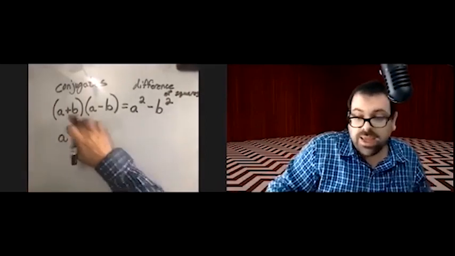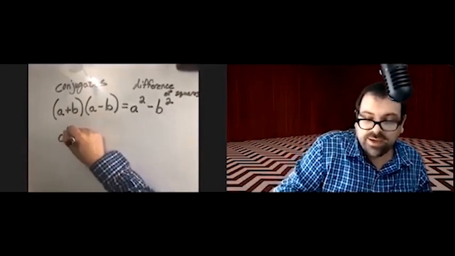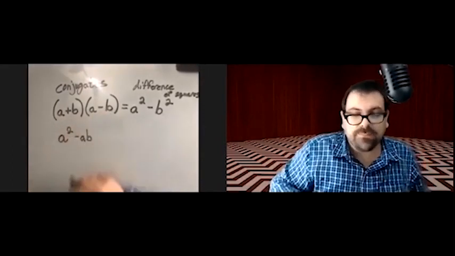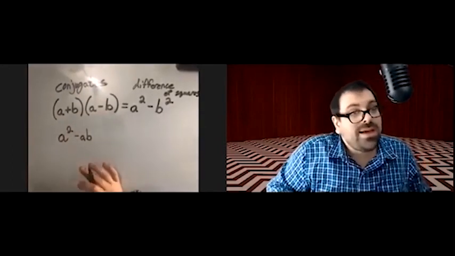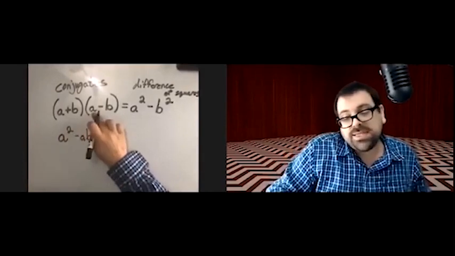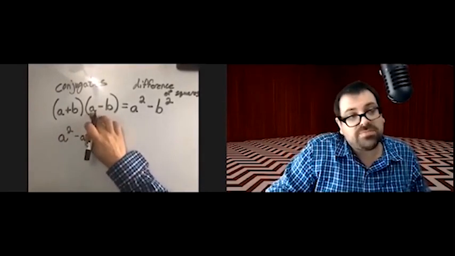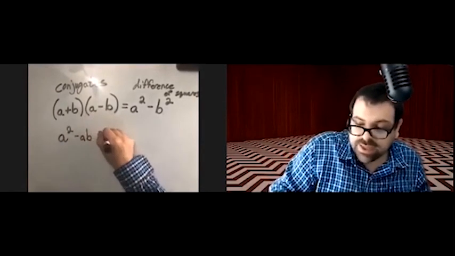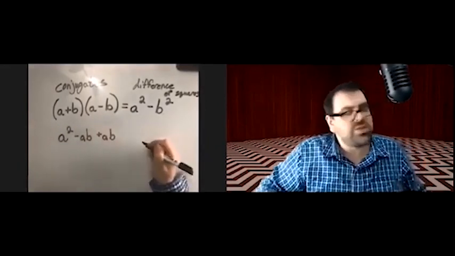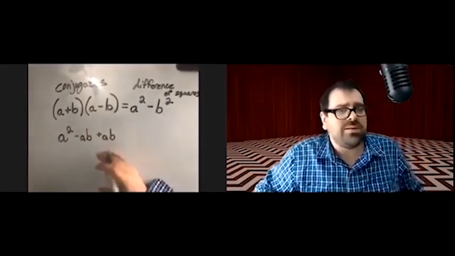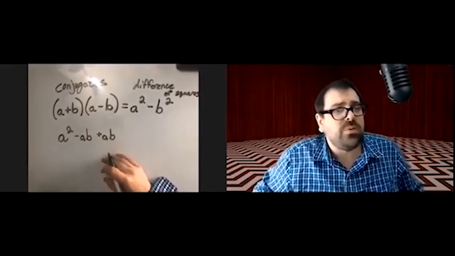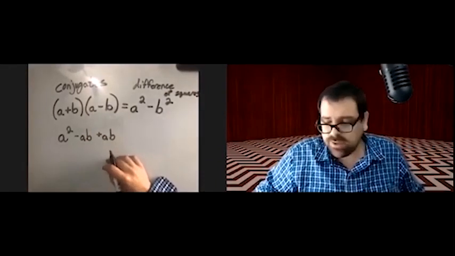Outer, a times negative b is negative ab. Inner, b times a, positive, that's plus ab, which is the same as plus ba, but when we have more than one variable, we like to keep it alphabetical.